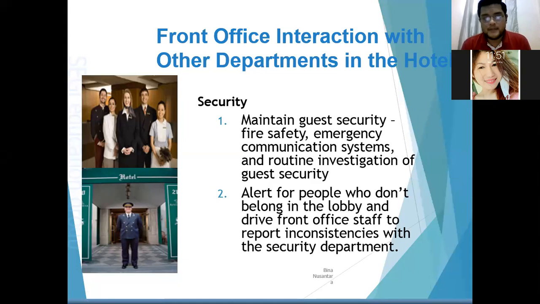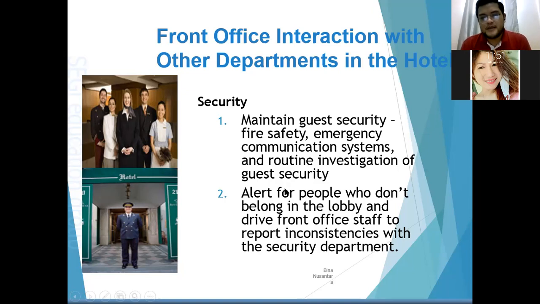Okay, wait. I would like to explain bullet number 1. When you maintain the guest security in terms of fire safety, if there is any fire case, you should report to the security department. Emergency situation, for example, if any accident happens in the lobby area or in the public area, you should inform the security.